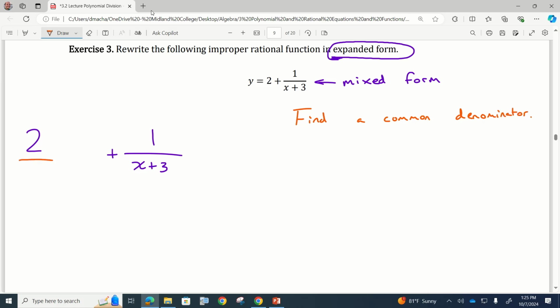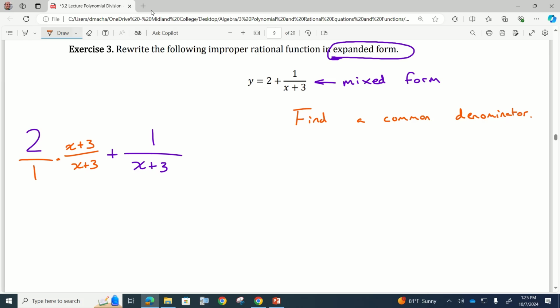And that means 2 is the same thing as 2 over 1, and I can multiply this by x plus 3 over x plus 3, because that's like multiplying times 1. Doesn't change the value of my 2 right here.